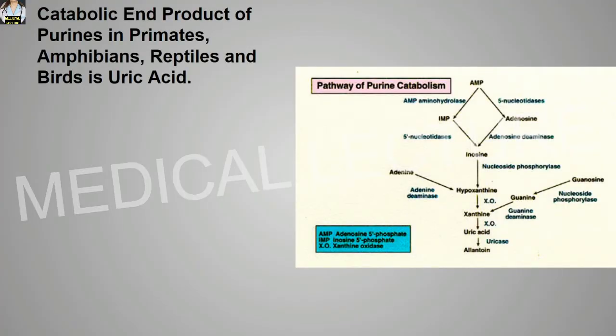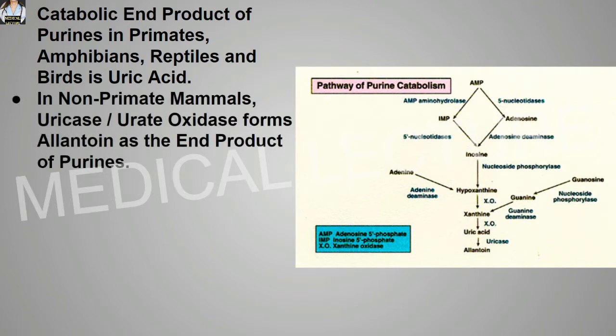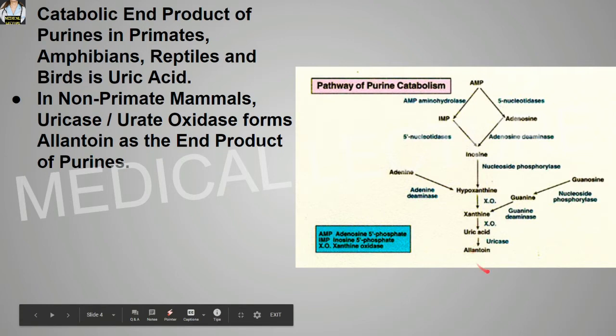The catabolic end product of purines in primates, amphibians, reptiles and birds is uric acid. In non-primate mammals, uricase or urate oxidase forms allantoin as the end product of the purines.